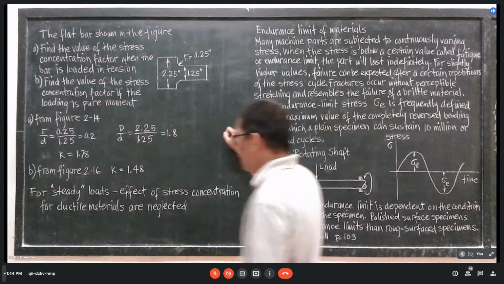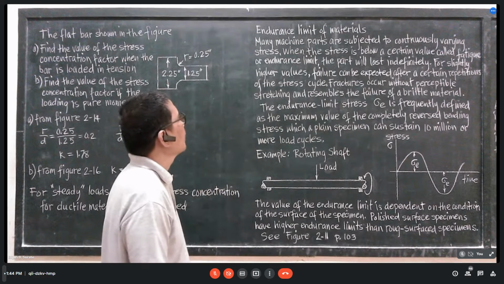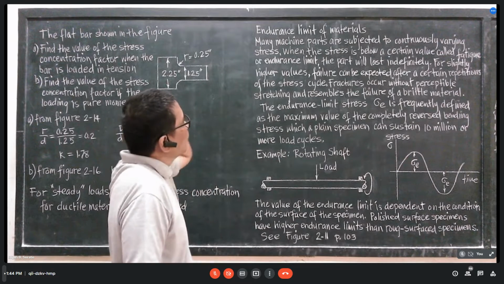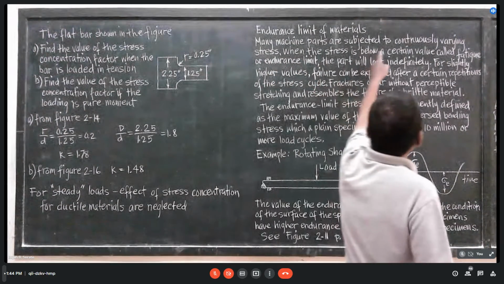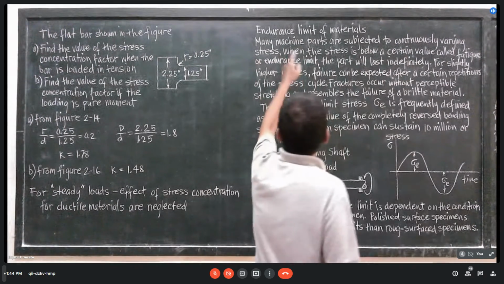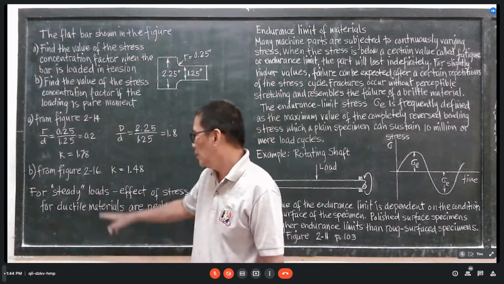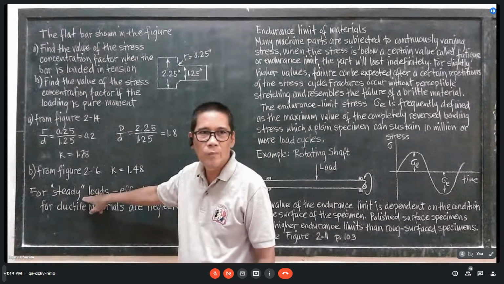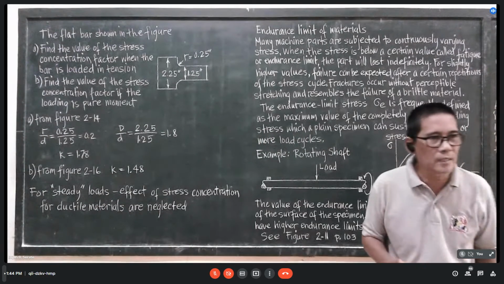Now, the next topic is endurance limit. The key word here is that the material is subjected to continuously varying stress. That is now not steady. When we say varying, it means it is not steady.